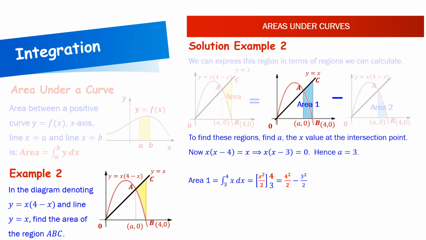We've plugged in x equals 4 here, and we've plugged in x equals 3 here, to give us 7/2. And therefore area 1 equals 7/2.